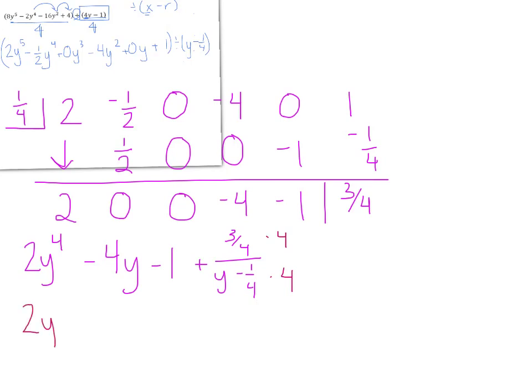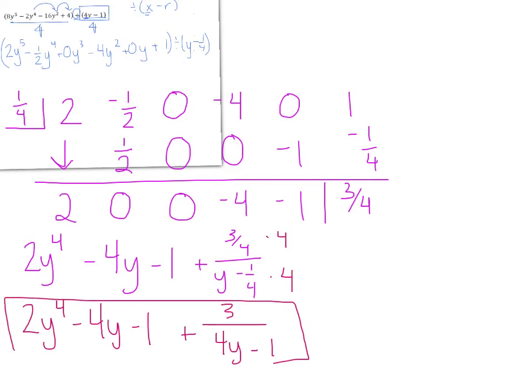So we still have our 2y to the 4th minus our 4y minus 1, and then plus 3/4 times 4 is 3 over 4 times y minus 1/4. 4 times y is 4y minus 1/4 times 4 is 1. So here is our divided polynomial, and that's the process of synthetic division.